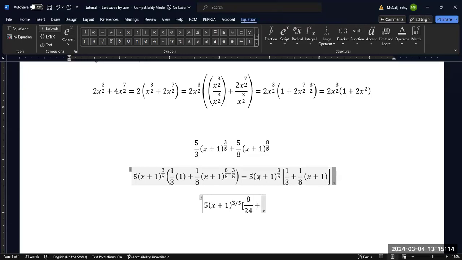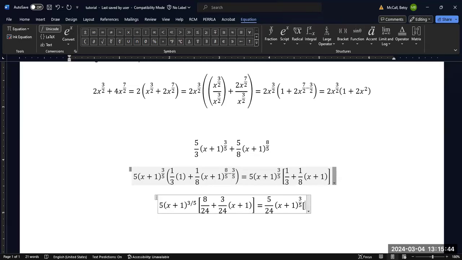And 1/8 would multiply by 3 over 3. We would get 3 over 24. And since we now have a common denominator, we can actually pull the common denominator out along with the 5 that we pulled out previously. So this would become 5 over 24, x plus 1 to the 3 over 5.